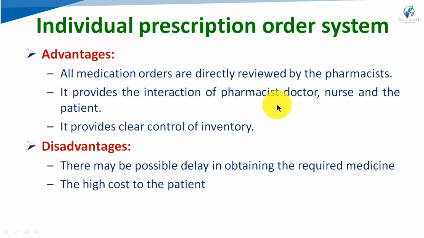It provides the interaction of pharmacist, doctor, nurse and the patient. मतलब यहाँ पे directly there will be the interaction between pharmacist and doctor or pharmacist and nurse and pharmacist to patient. क्योंकि directly यहाँ पे patient है वो directly pharmacist को मिलेगा तो pharmacist he can review the prescription and accordingly if there is any change required, मतलब कुछ change करने की जरूरत है तो he can consult directly the doctor. And it provides clear control of inventory.